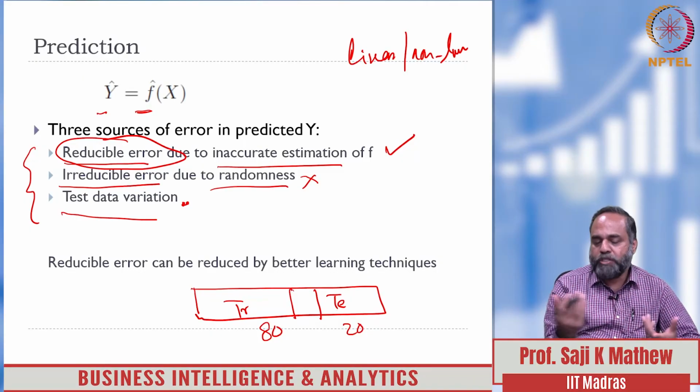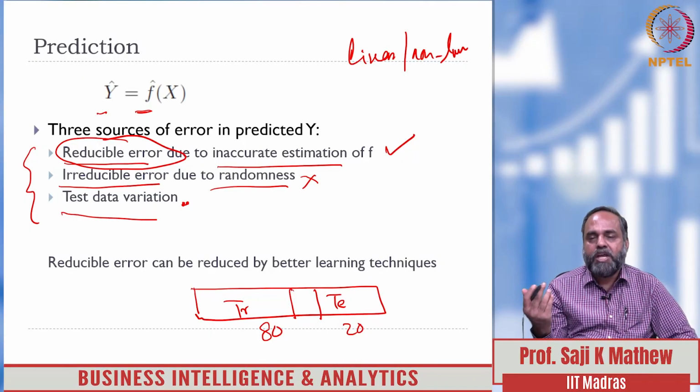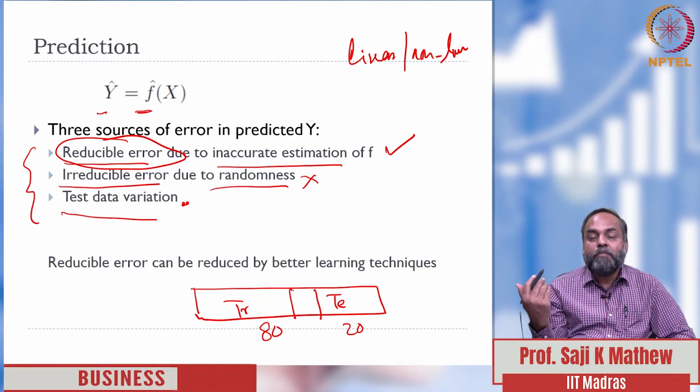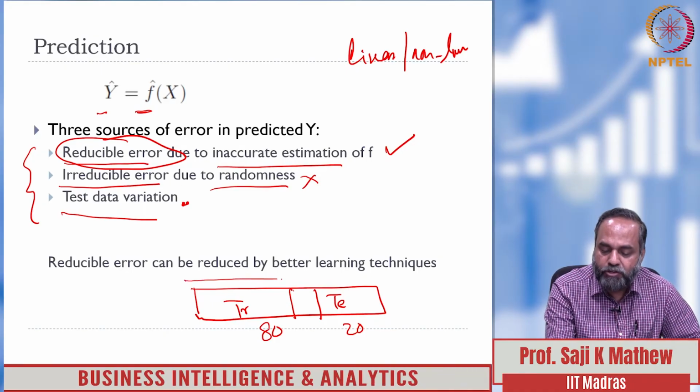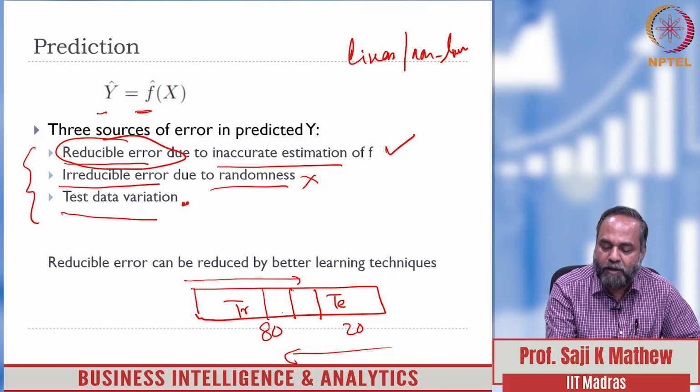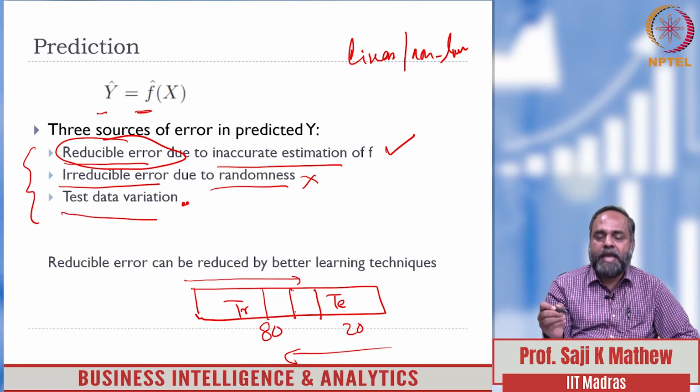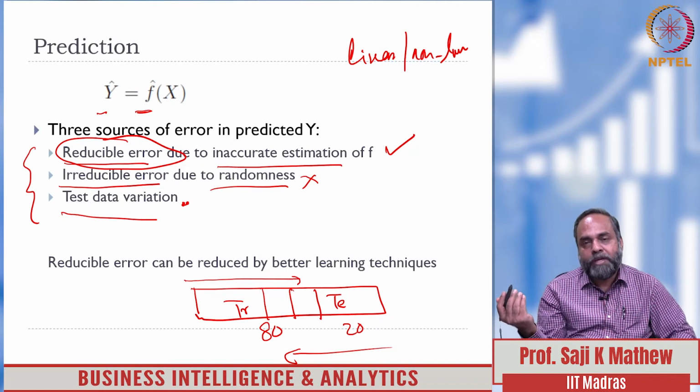Suppose you are just doing it without any order or principle, then every model will be different. Suppose instead of selecting from the old data to the new data for training, you traverse in this direction, you take from the last to 80%, your model will be different, and therefore the reported error will be different.